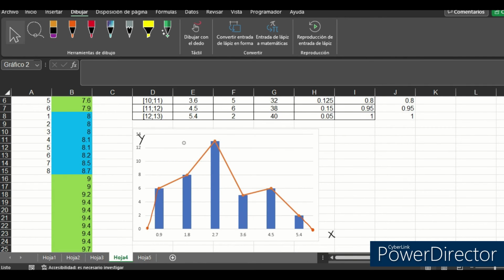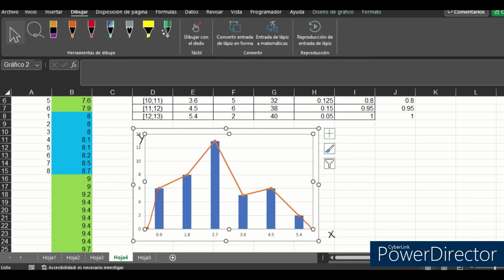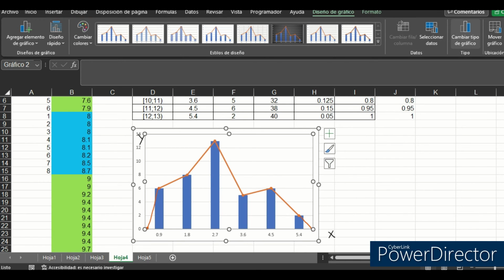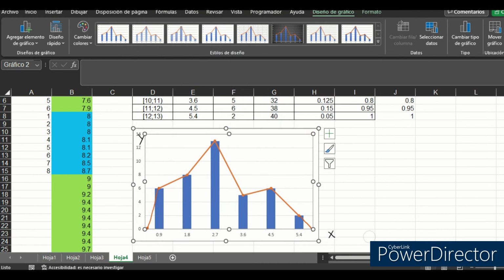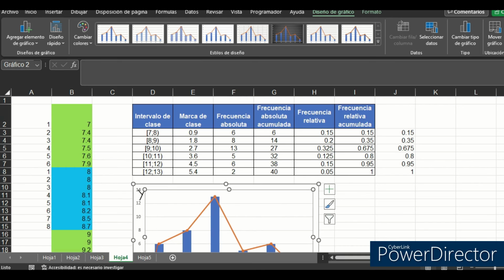It is recommended to label each bar with its corresponding interval in order to analyze which is the value that is repeated most frequently.